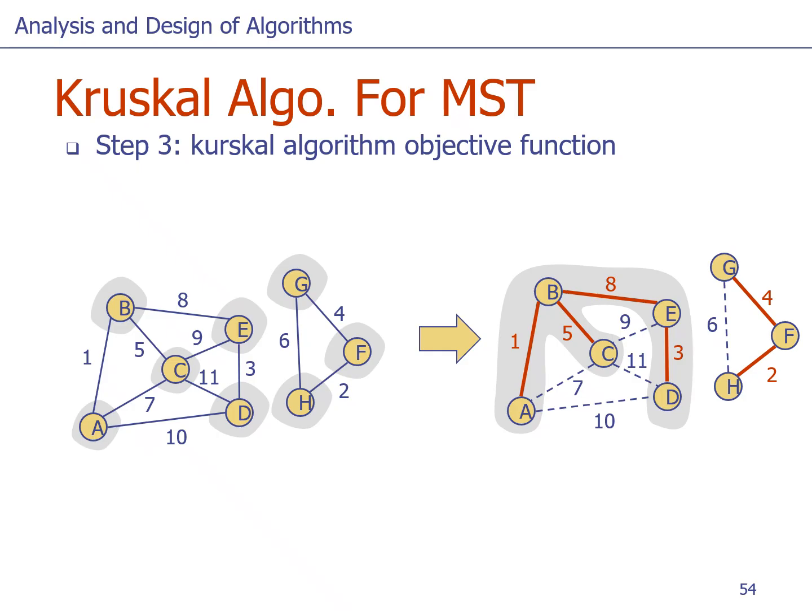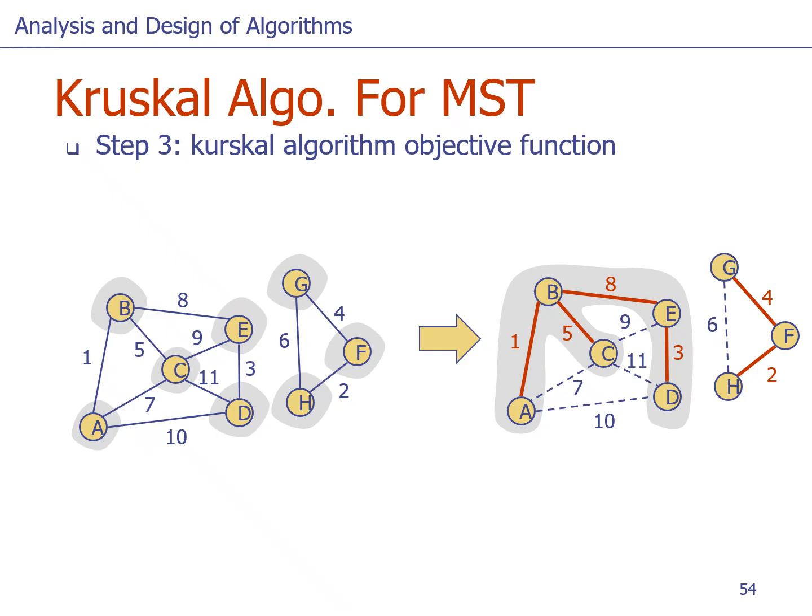The first one has vertices A, B, C, E, D, and Kruskal decided to build this tree with the 1 edge, the 5 edge, the 8 edge, and the 3 edge. For the second subgraph, which includes the G, F, and H vertices, Kruskal selected 2 and 4 to be the edges in this tree.